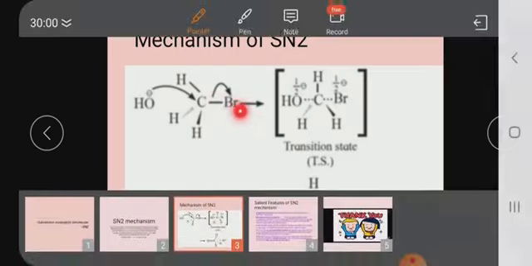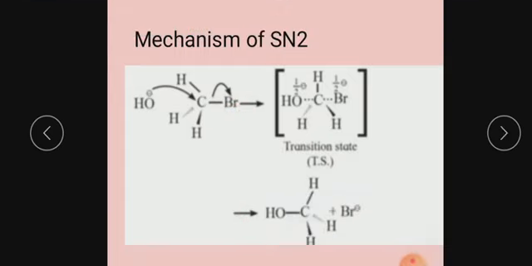And second, in the front side attack, there is Br minus as a leaving group, that is, it is negatively charged. This is the negative charge, and the nucleophile also has a negative charge. If this nucleophile attacks from the front side, there is repulsion between the two negatively charged ions, two same charge bearing substances, that is Br minus and OH minus.